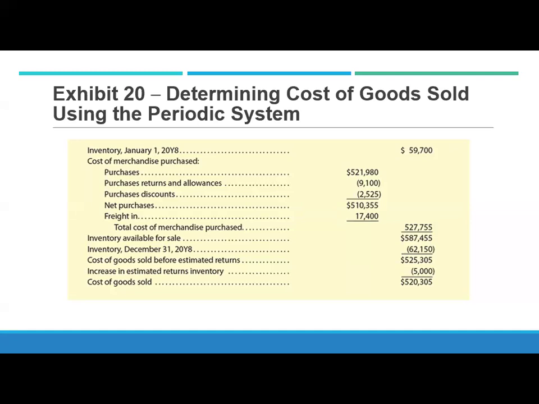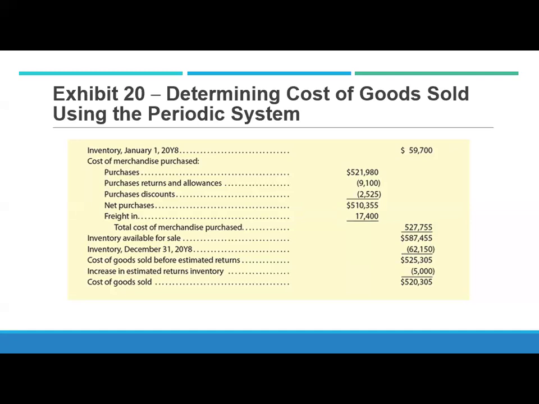And then we do a count at the end, much like the shrinkage count. And we take goods available for sale minus ending inventory, and we get the total cost of goods sold before estimated returns. At that point, cost of goods sold is a plug. We calculate cost of goods sold based on how much inventory we know was sold because we know what we should have had had there been no sales.